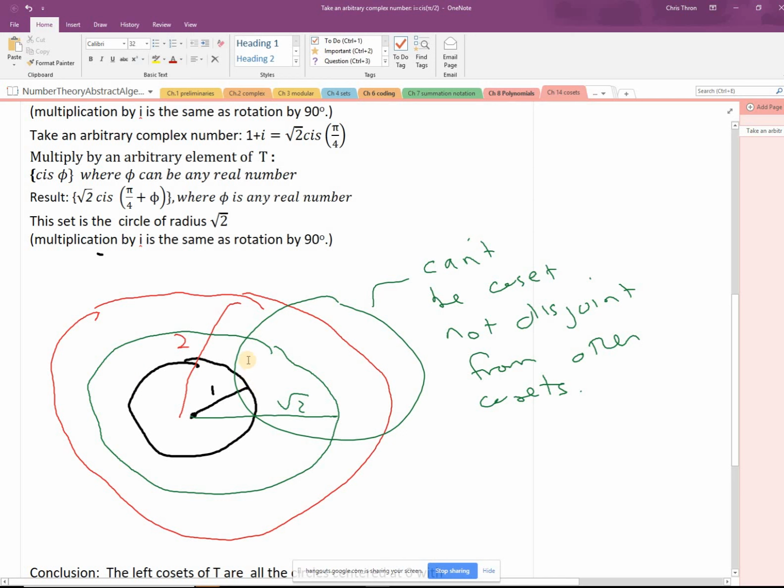There's only one coset that has the identity, and the cosets are disjoint. I guess I'm talking to Adam in particular. Make sure when you think about whether something is a subset or a subgroup, those are completely different things. Subgroup is a much stronger condition than subset. Subgroups are subsets, but most subsets are not subgroups.